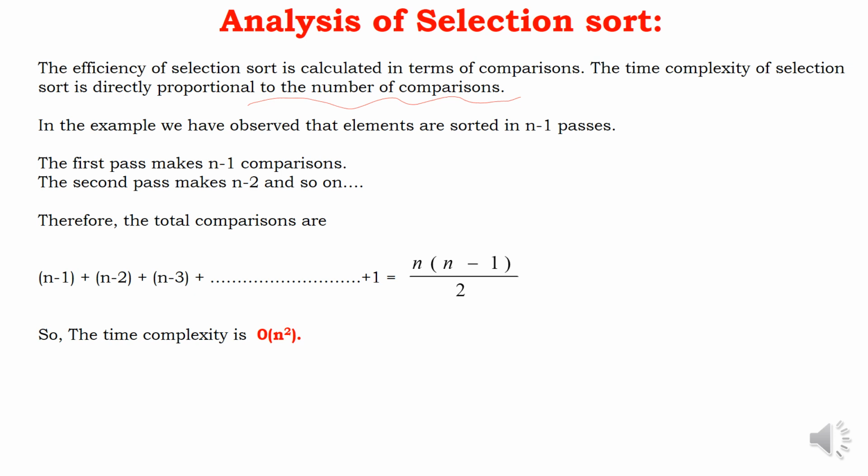In the first pass there are n minus 1 comparisons, in the second pass n minus 2 comparisons, etc. In the n minus 1th pass there may be only one comparison. So the total number of comparisons is 1 plus 2 plus 3 plus up to n minus 1, or n minus 1 plus n minus 2 plus n minus 3, etc. up to 1, which will be n into n minus 1 by 2. So the time complexity is order of n square.